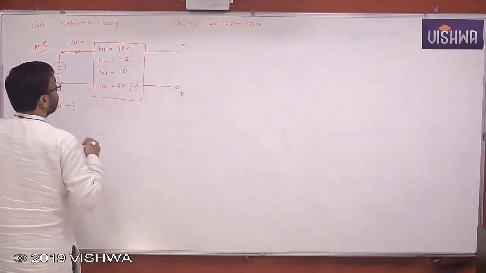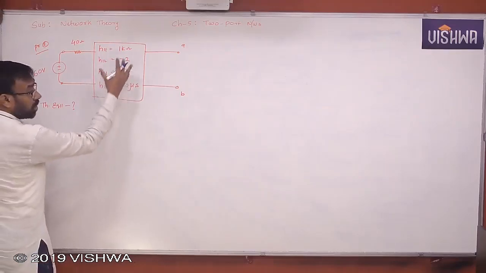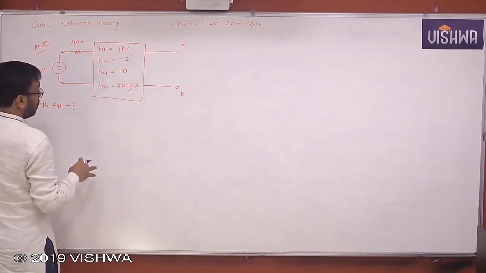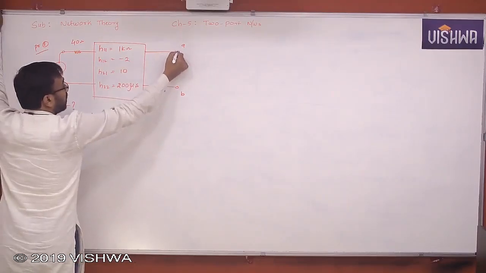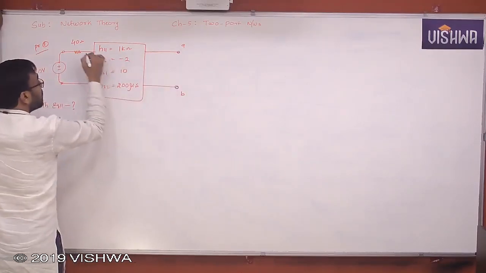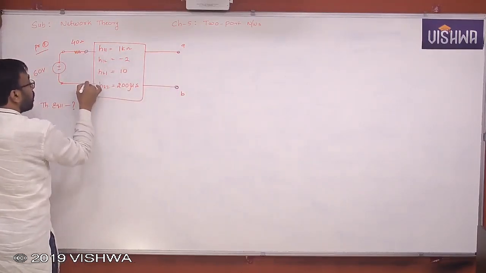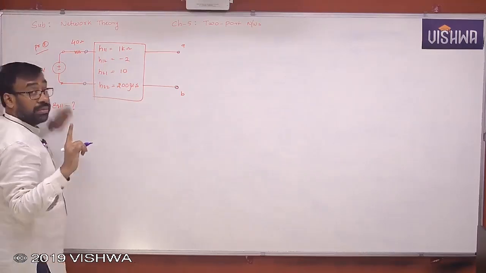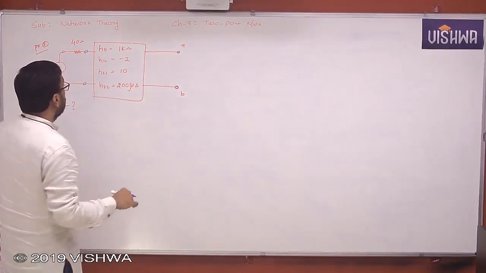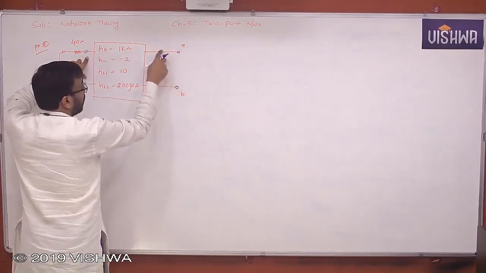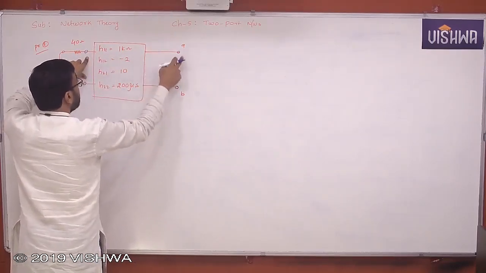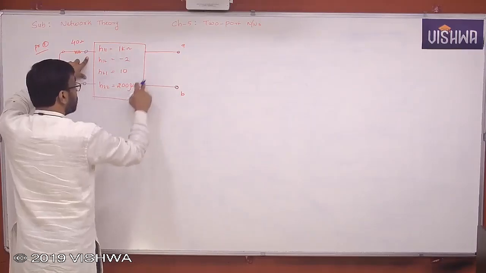What is Thevenin's equivalent? First of all, you see there is a two-port network embedded in the network. You have to identify the terminals of the two-port network. This is the output port, this is the input port. This you have to identify first. If you say this is V1 with current I1 here, and this is V2 with current I2, then based on those relationships this box is prepared.